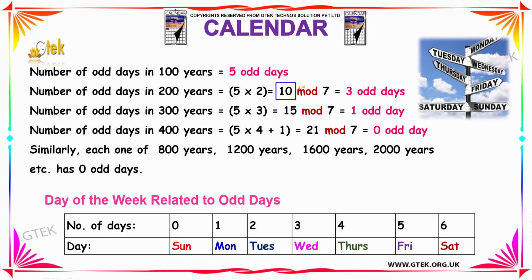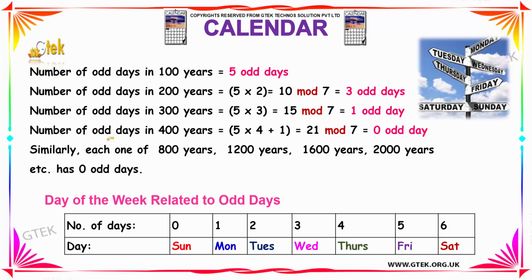But since it is more than 7, we can group them into weeks. So grouping them, you have 1 week and 3 odd days, that is 3 is the remainder of 10 mod 7. And the number of odd days in 300 years can be calculated by 5 into 3. That gives you 15. Grouping it into weeks, you can group it into 2 weeks with 1 odd day left out.